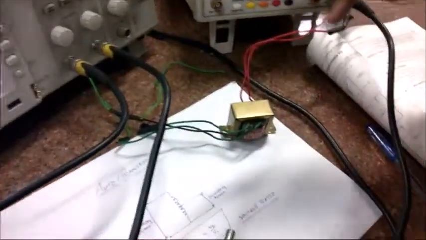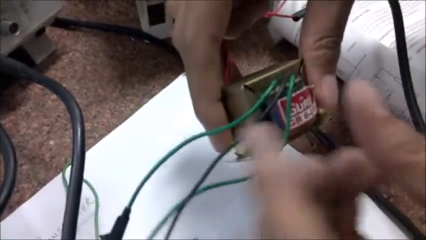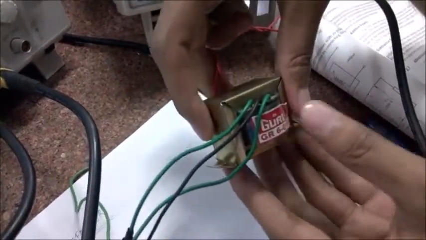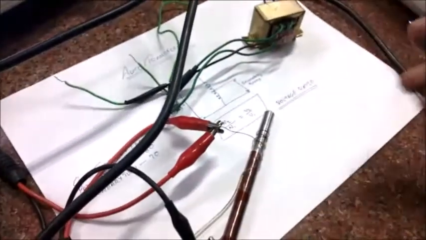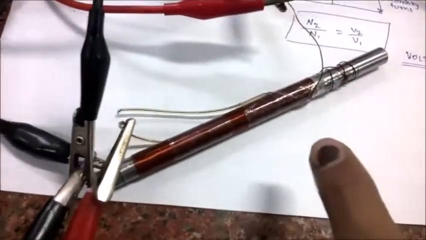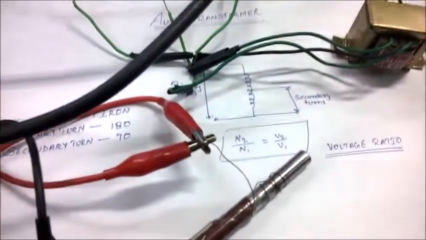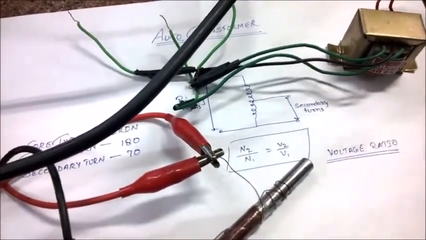Now I would like to tell you why we are using an auto transformer instead of a transformer which has separate windings for the primary and the secondary. We use an auto transformer because it has many advantages. It uses less winding material than a two winding transformer.